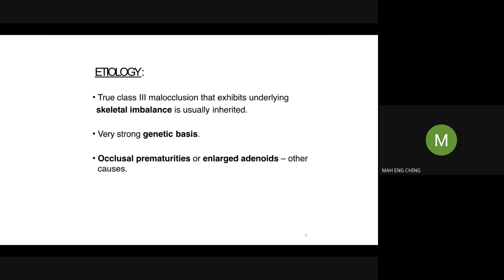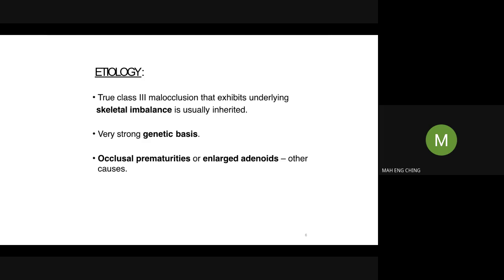So it's usually in the family genes. If you look at the mother's side or father's side, usually one of them has a class 3 skeletal pattern. There's a very strong genetic basis. Like I said, it passes down through the generations. Sometimes it becomes recessive for one or two generations, then after that, it might reappear again.